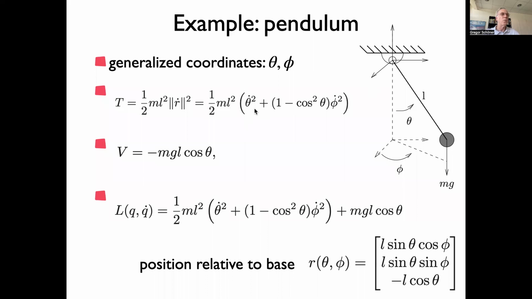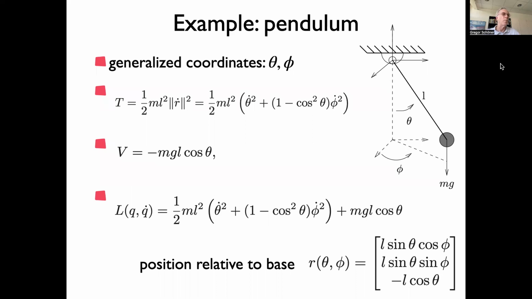And so 1/2 m times velocity squared is the kinetic energy, and the potential energy is just a question of how elevated this here is. So you have to compute that elevation relative to some arbitrary 0, and that elevation is proportional to the cosine theta, right? So if theta is really large, that will be the maximum value.